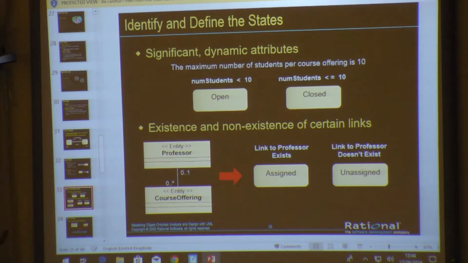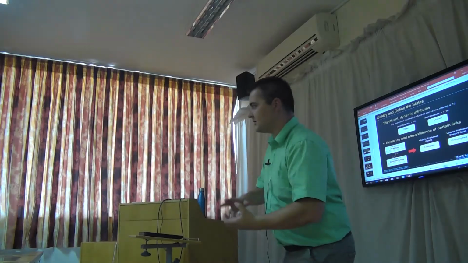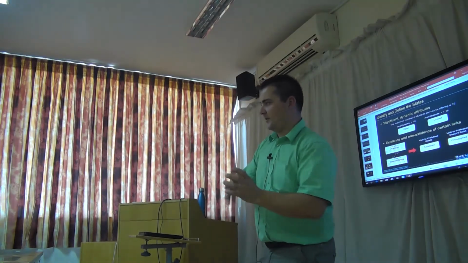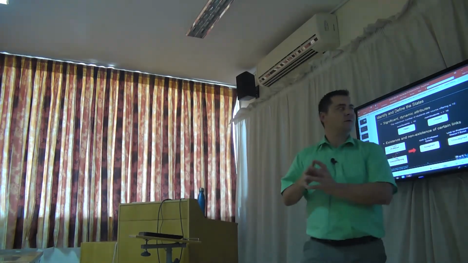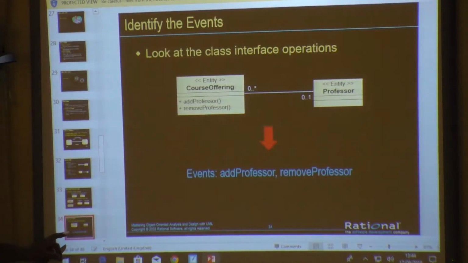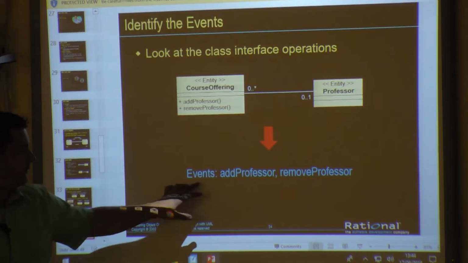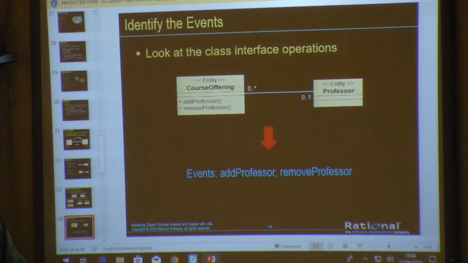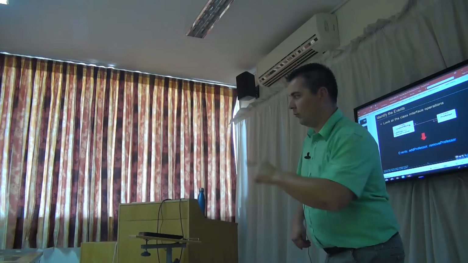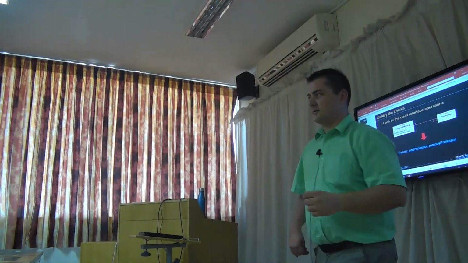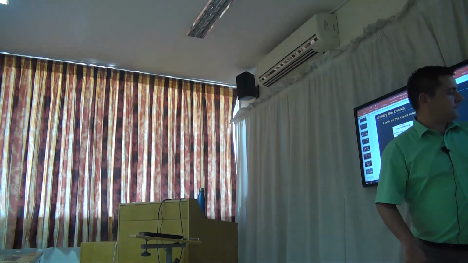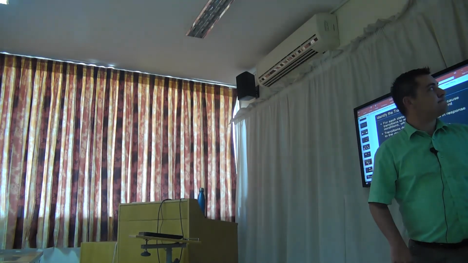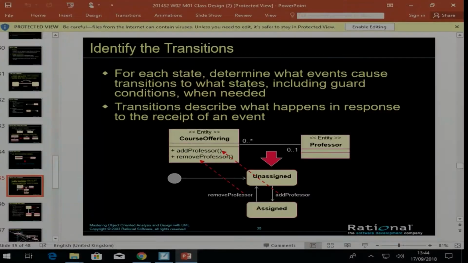He can be a professor who is not assigned to a course, or a professor who is assigned to a course. That makes a difference on the state. We can even have an event where we're adding a professor or removing a professor. So that helps us to see what is going to make us transition. So there's a method that we can identify the transitioning steps.